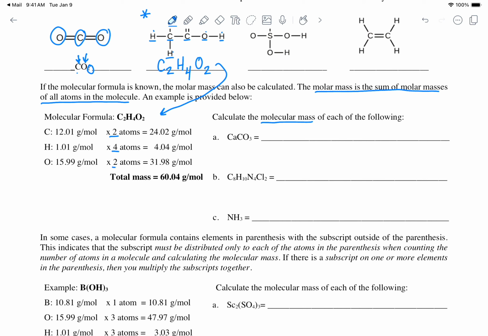So for each of those elements, we're going to take its molar mass, which we get from the periodic table, and we are going to multiply it by the number of atoms there are of that element in that molecule. So for carbon, we'll take 12.01 and we'll multiply it by 2, and that's how we get the 24.02 grams per mole. Since this is molar mass, we do need to put it in grams per mole.